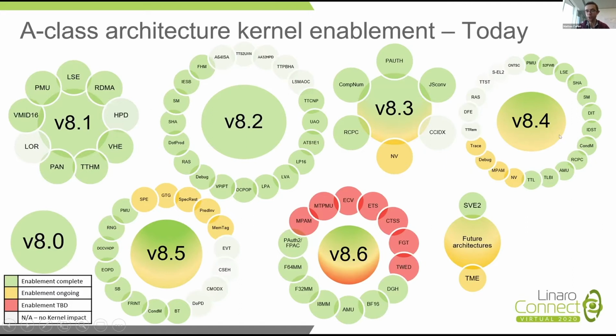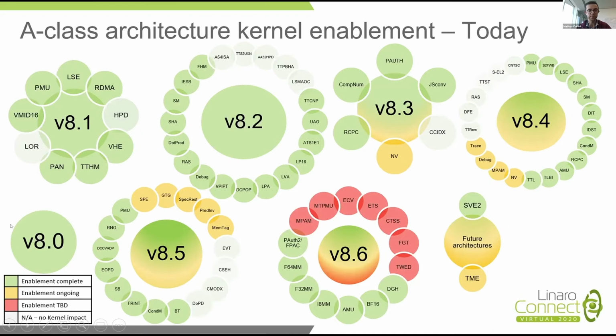In 8.4, the only things still ongoing are the long-standing nested virtualization enablement, which is both an 8.3 and an 8.4 extension; MPAM, which is still ongoing and for which I have a dedicated couple of slides; and we are also completing the debug and trace enablement for 8.4. This completes the picture for 8.4.